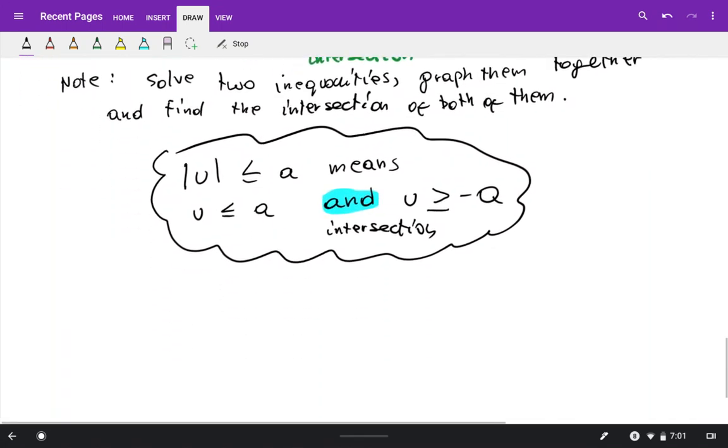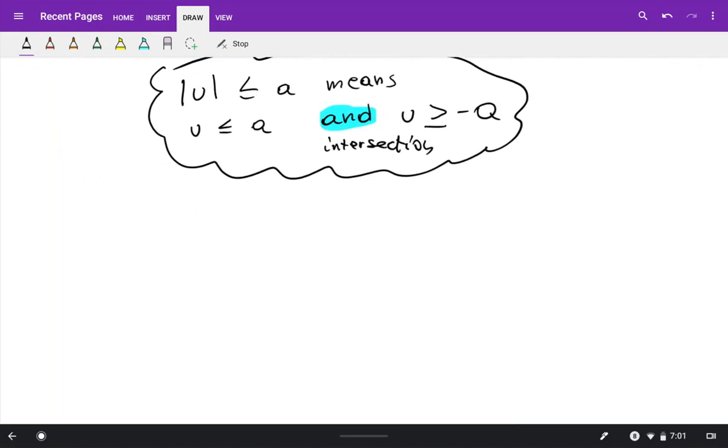Okay, let's do examples. So we have absolute value of 2x plus 4 is less than or equal to 3. So I have less than, that means I'm going to find the intersection. So we're going to solve two inequalities. The first inequality will be just 2x plus 4 less than or equal to 3.